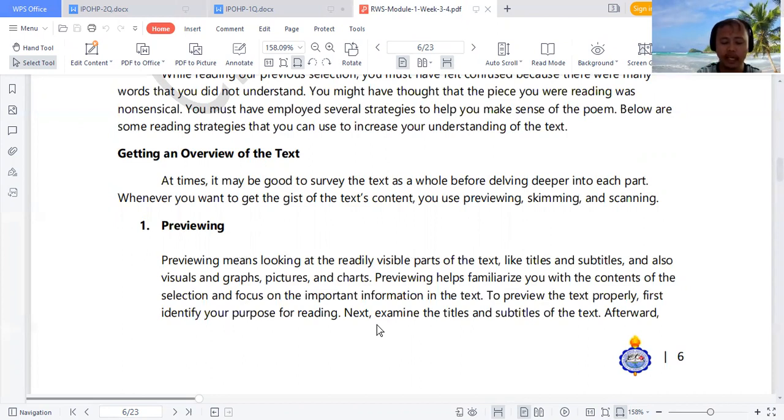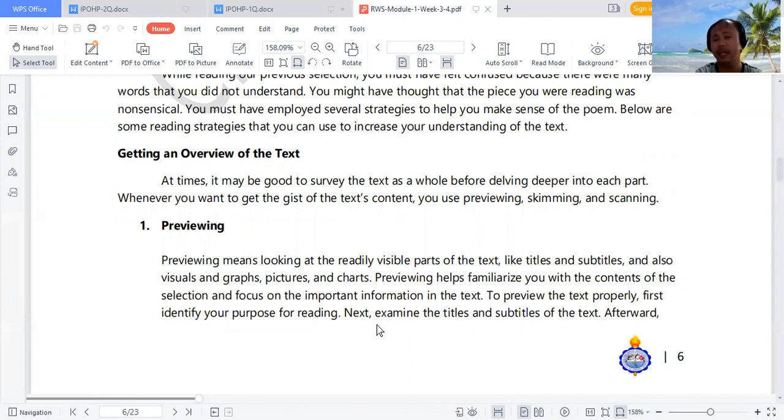Delving is to dig or labor, meaning to understand well, to closely understand well, or to dig deeper into each part. Whenever you want to get the gist or the main point of the text content, you use previewing, skimming, and scanning.